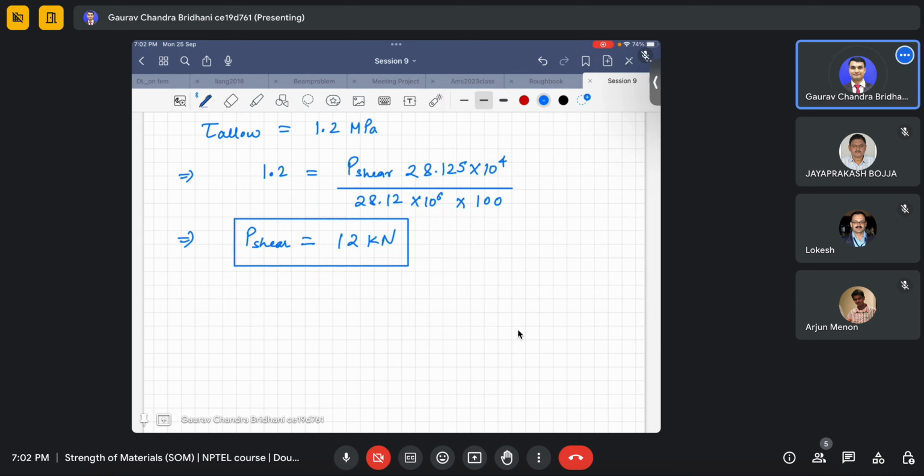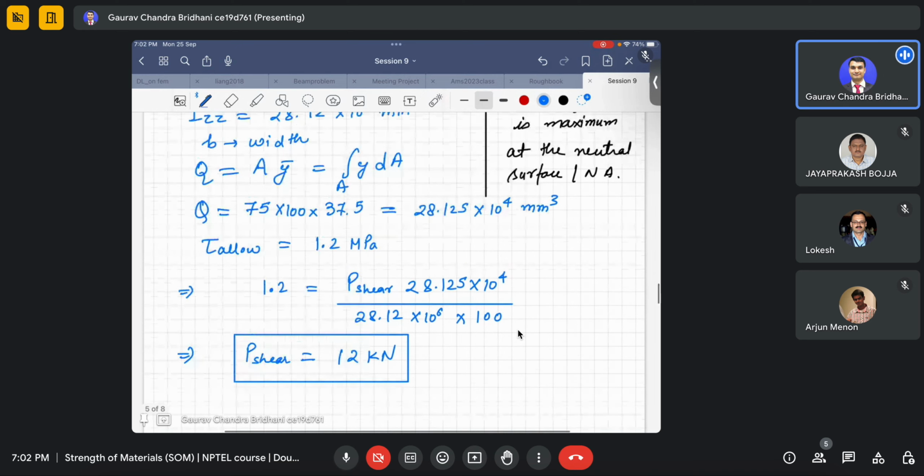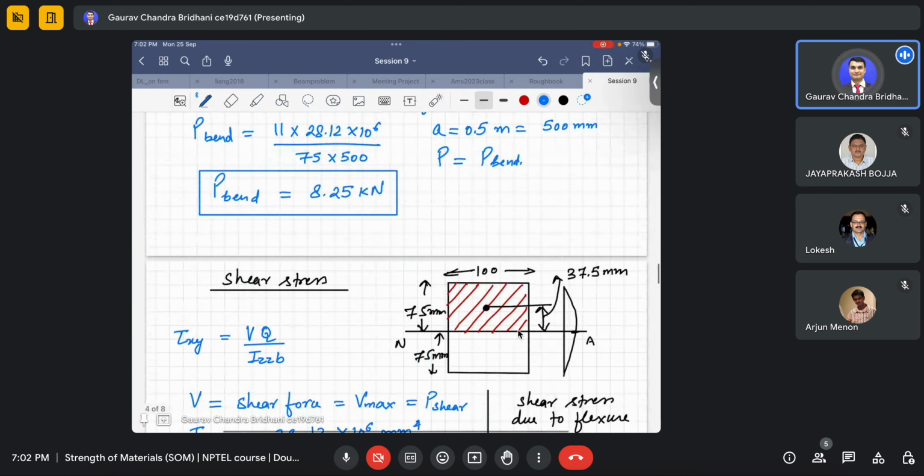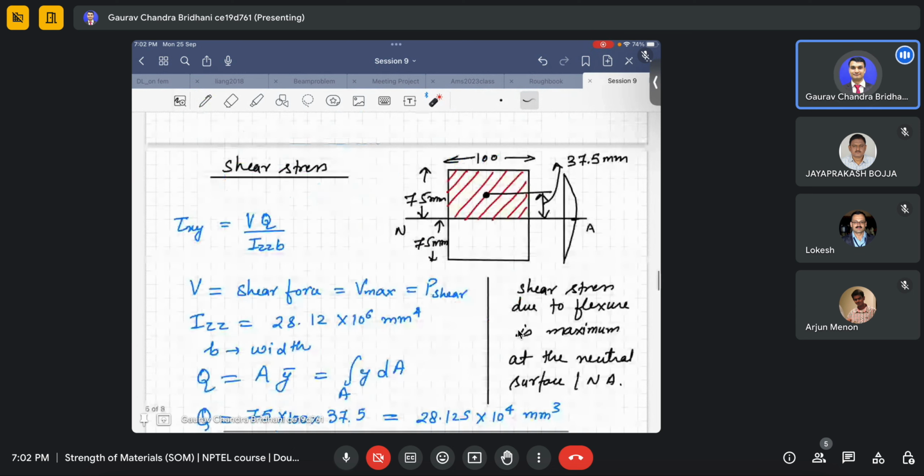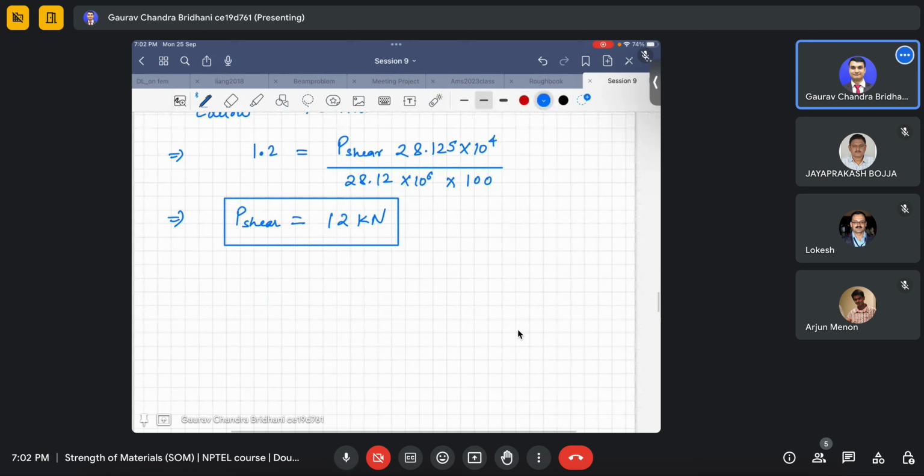So from the shear stress, we found that the maximum load which we can allow, if we consider only shear, is 12 kilonewton. And we found from the bending that we are allowed to have 8.25 kilonewton. So what will the maximum value be? The minimum of the two.